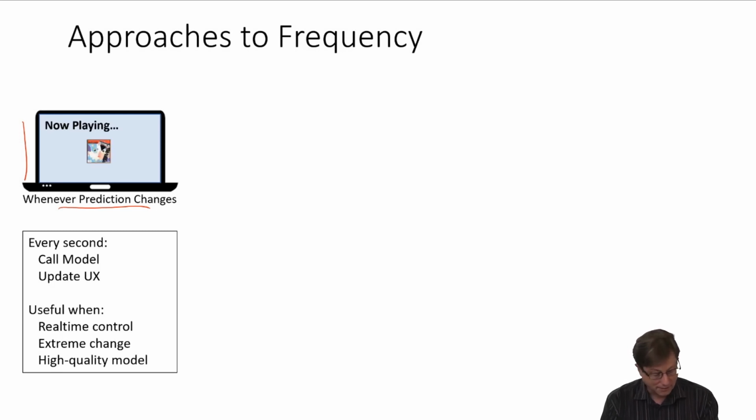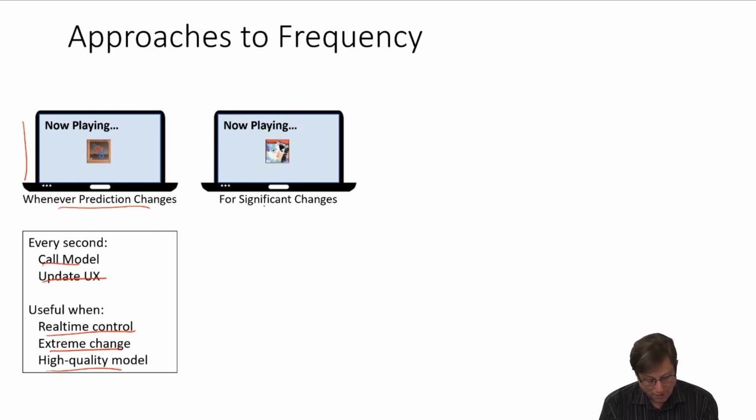So every second, you call the model, you update the UI. It's useful for things like real-time control, or where there are extreme changes, or where you have a super high-quality model, and you're just going to be like, let the model do its thing. I don't want to bother the user to say, hey, we both know the model's right. Click yes again, right? Like, why would you want to do that?